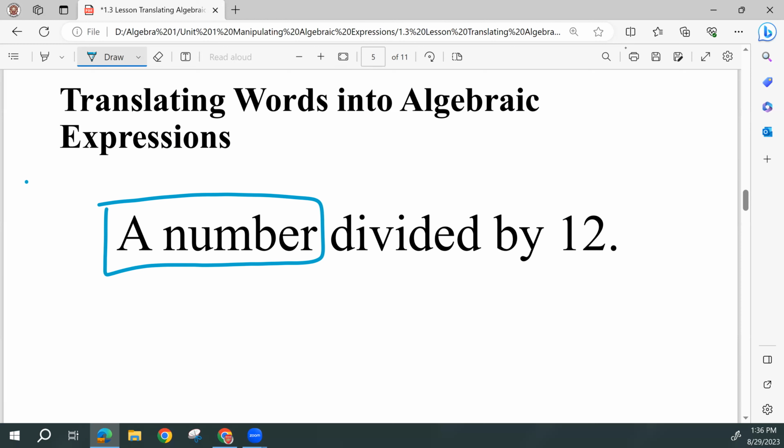A number is not anything specific, so we're going to use a variable, typically X. Then it tells us divided by. When we do divided by, we're going to use a fraction bar, and then 12. A number divided by 12 is X divided by 12.